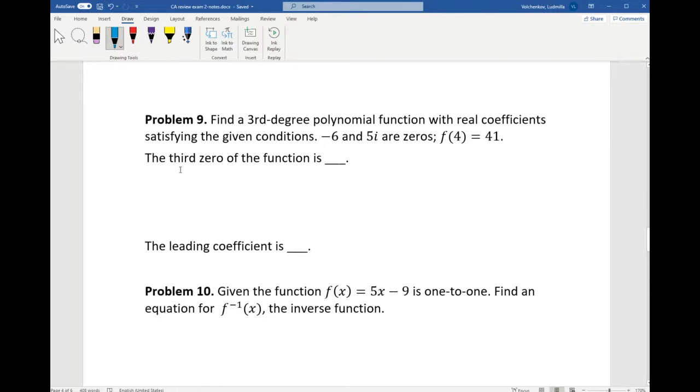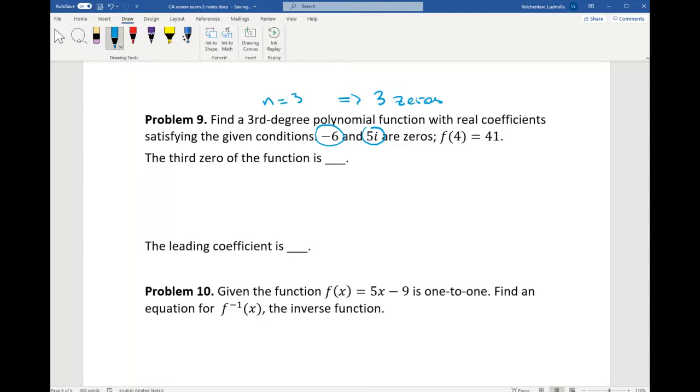So a polynomial function with real coefficients, if it has degree 3, then it must have 3 zeros. You are given 2: -6 and 5i.